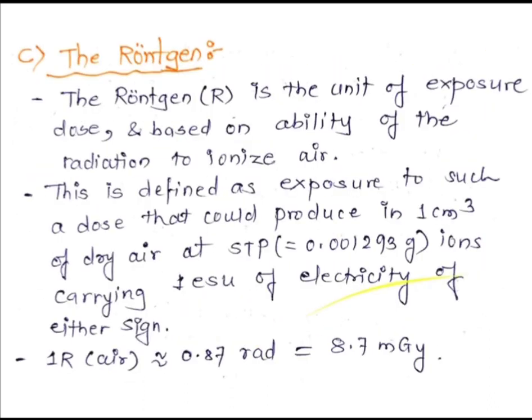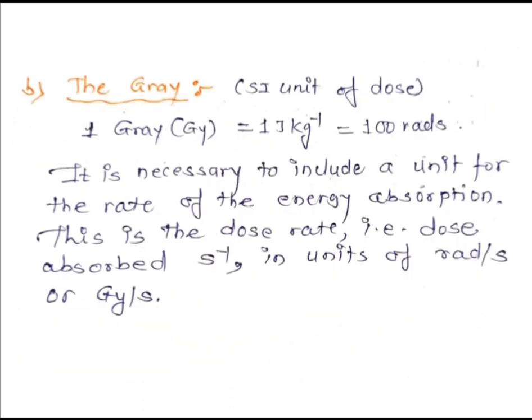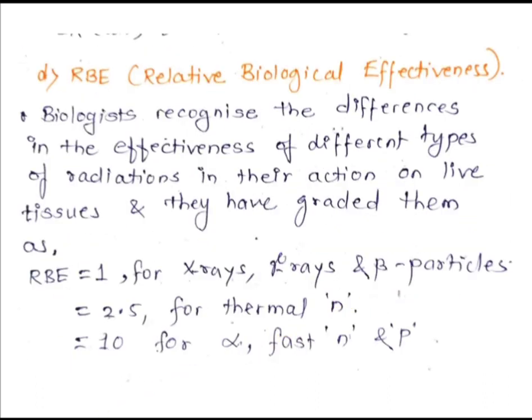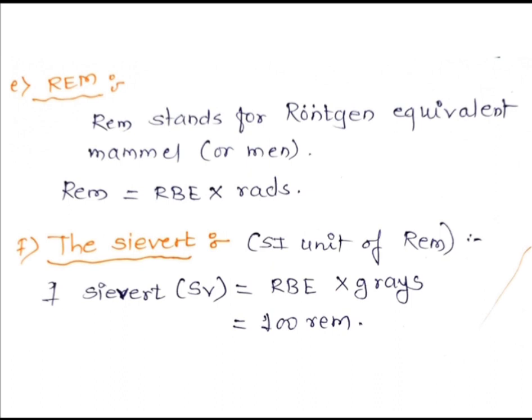As we have seen here, in the second definition, 1 gray is equal to 1 joule per kg, which is equal to 100 rad. So simply rad is related to the gray. So in the above equation, REM is related to rads. Instead of rads, we are writing here grays, because 1 gray is equal to 100 rad.